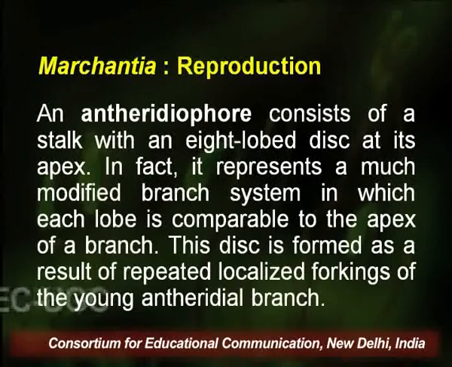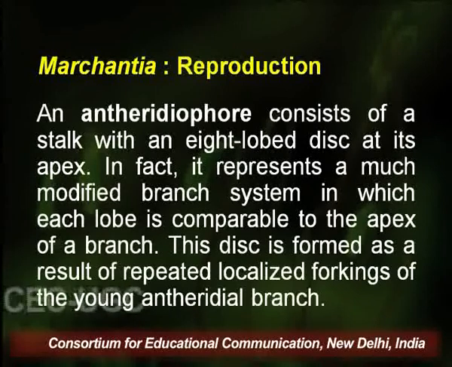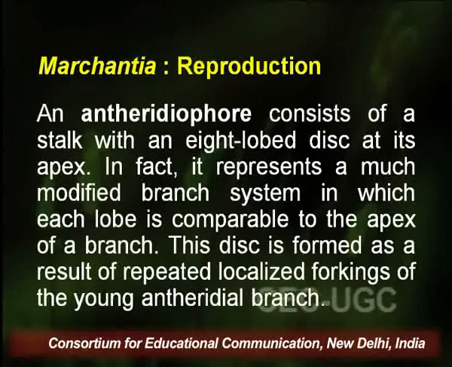In fact, it represents a much modified branch system in which each lobe is comparable to the apex of a branch. This disc is formed as a result of repeated localized forkings of the young antheridial branch.